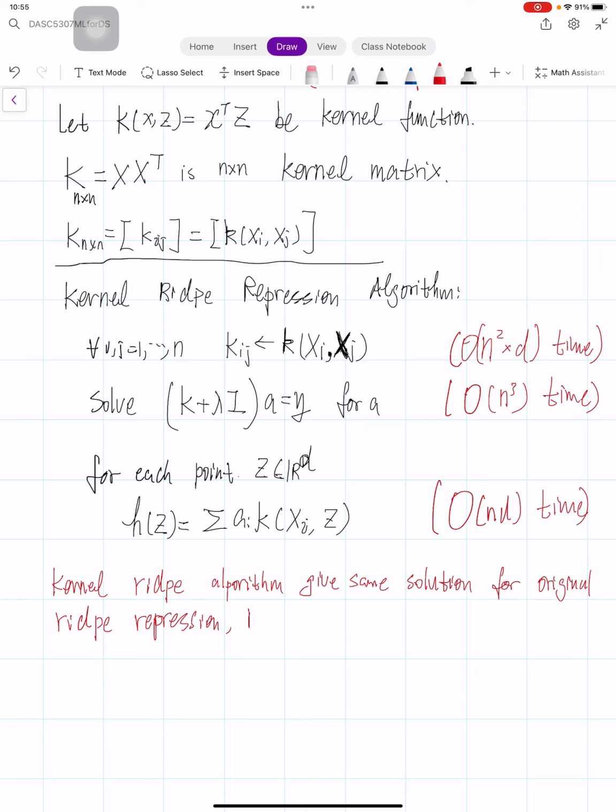But the computation is much faster for the case when d is greater than n.